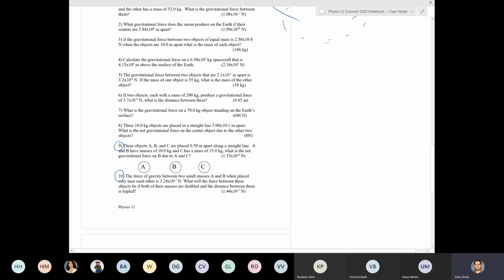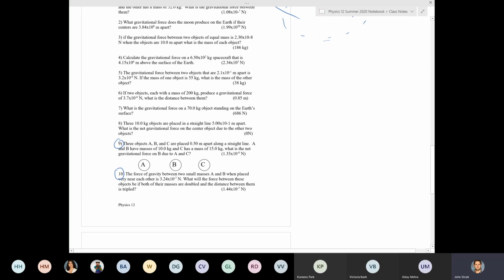Okay, so whenever we have questions like this, because we'll have questions like this with electrostatics as well, you have to ask yourself what's happening to B based off of A and C. Because it's asking what is the net gravitational force on B due to A and C, B is the thing that is moving and A and C are just fixed.